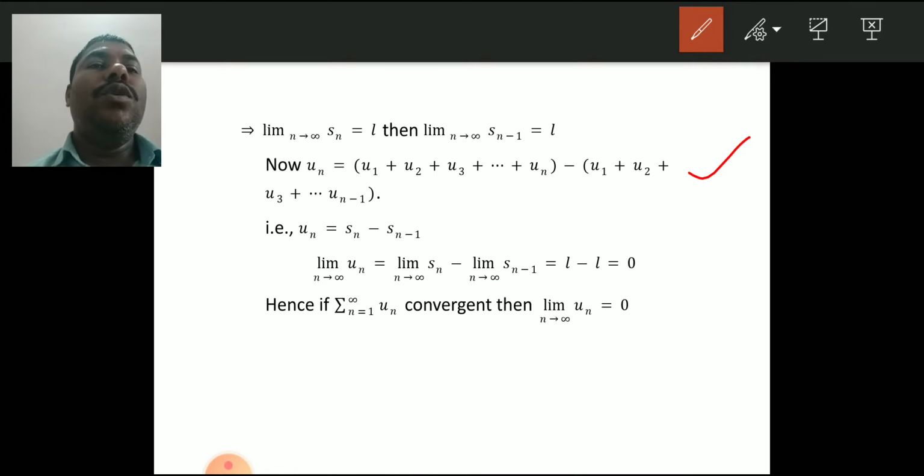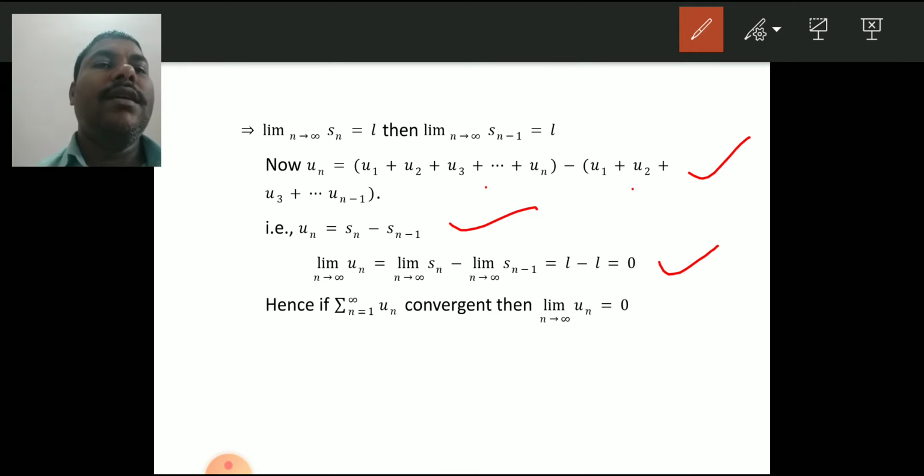Now un is equal to u1 plus u2 plus u3 up to un, minus u1 plus u2 up to un minus 1. So un is equal to Sn minus Sn minus 1. Apply the limit on both sides.